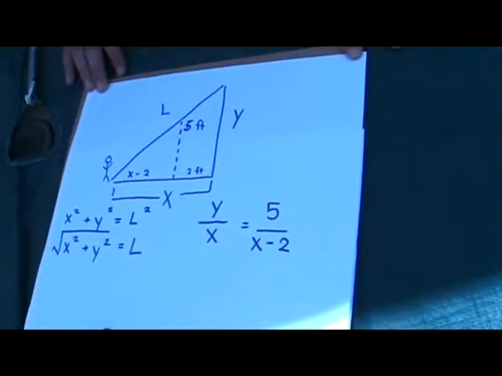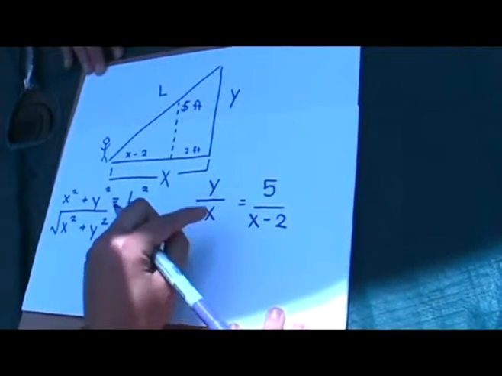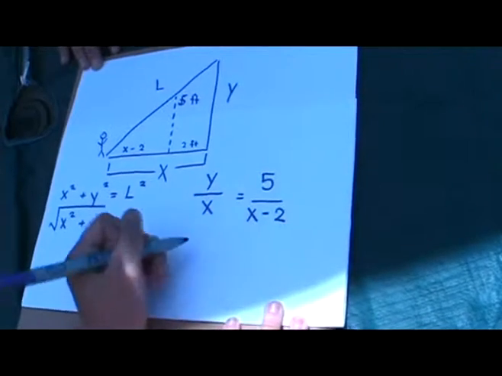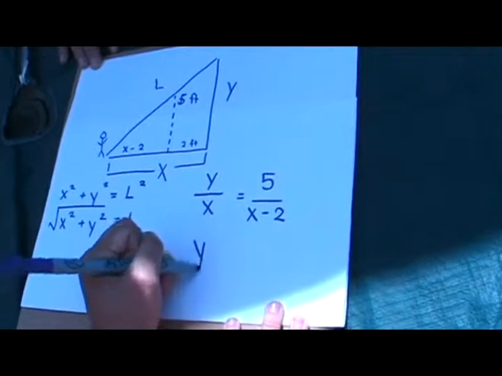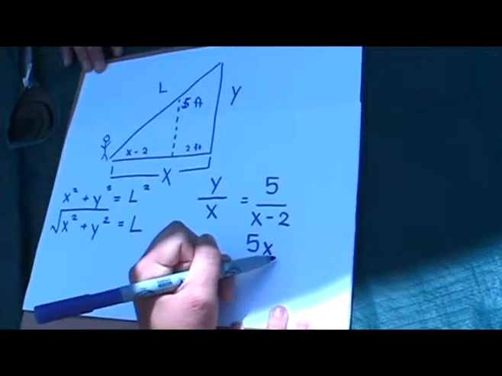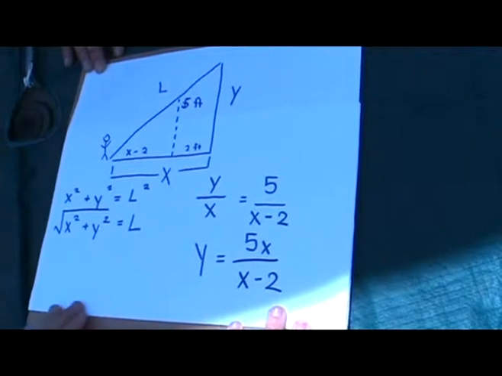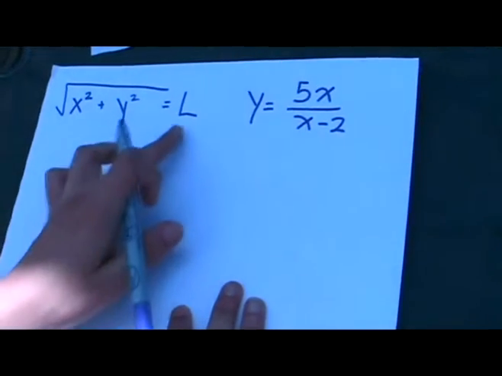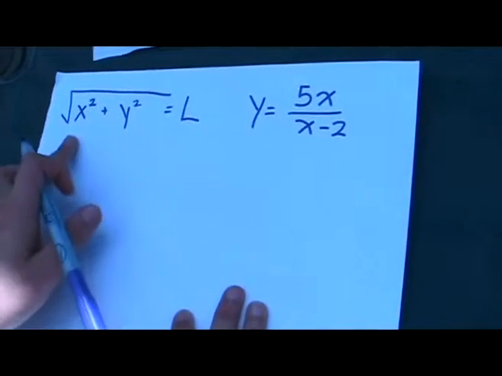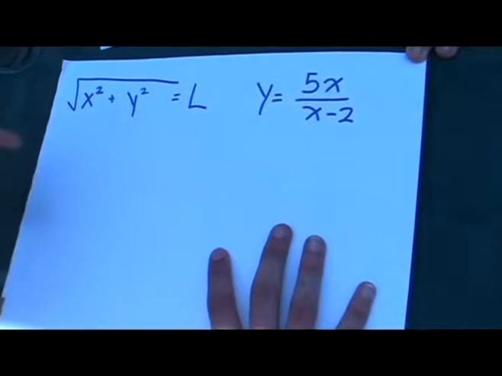Now you're trying to substitute y in terms of x. So what you do is bring x to the other side, and when you multiply on both sides, you get y equals 5x over x minus 2. In order to find L, we need to have just one variable in this equation, so we take this expression and substitute it in for y.